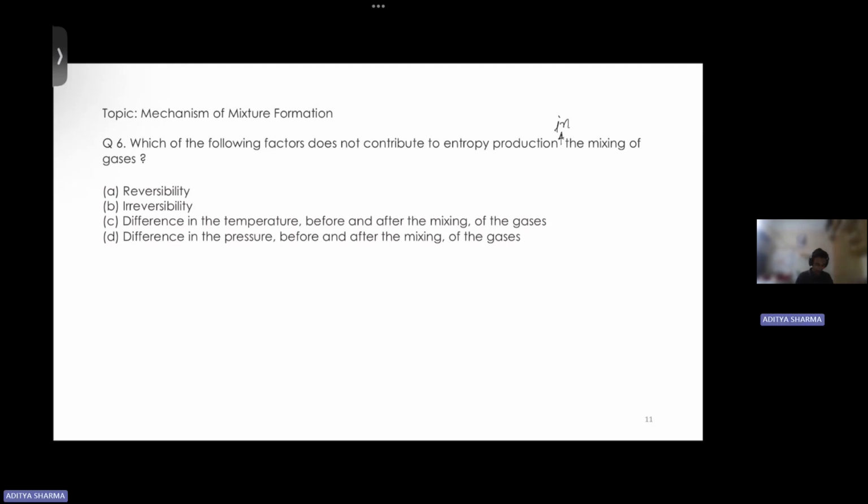Second option is irreversibility. Third option is the difference in the temperature before and after the mixing of the gases. Fourth is the difference in the pressure before and after the mixing of the gases.